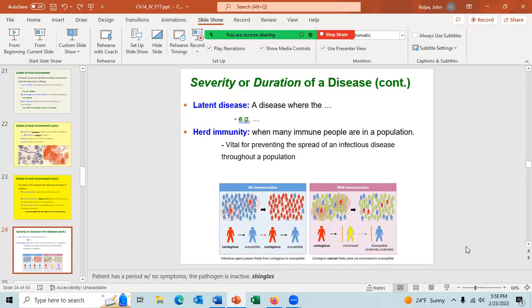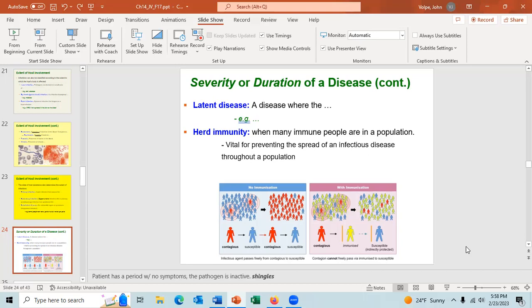All right. The severity or duration of the disease can be a latent disease. A latent disease is where the disease-causing organism kind of goes dormant, sits around, and does not cause disease in its dormancy. An example of a latent disease is chickenpox. When the child first becomes infected with chickenpox, he'll have signs and symptoms of disease.